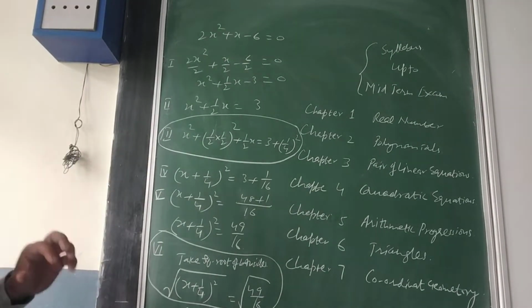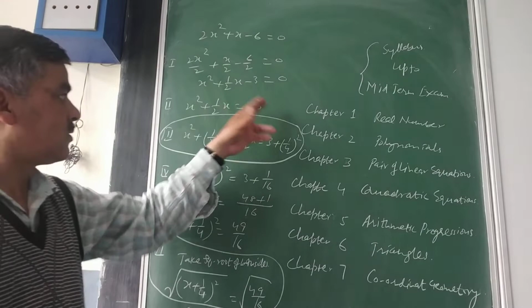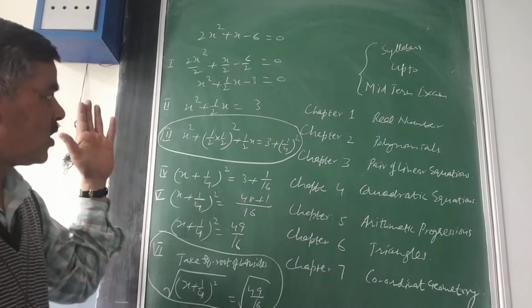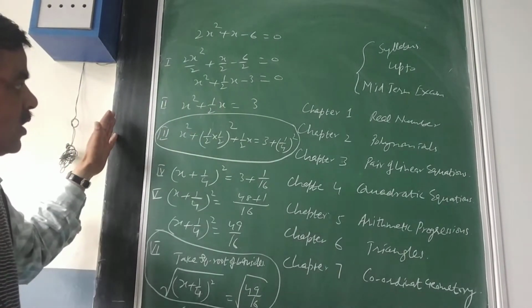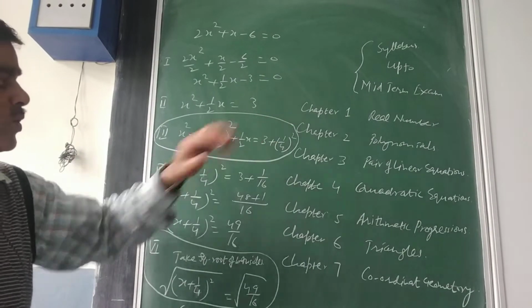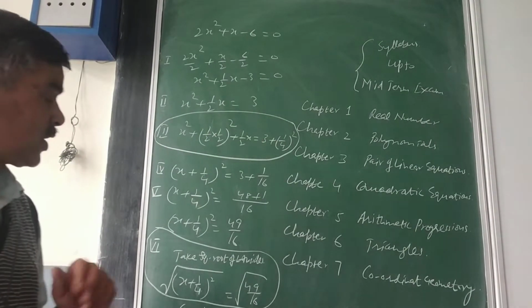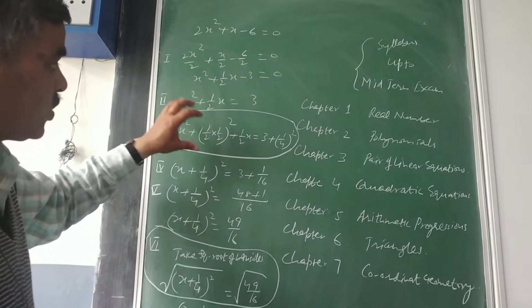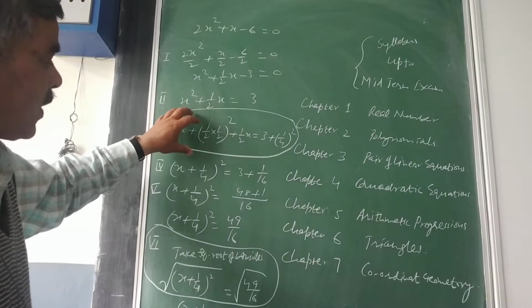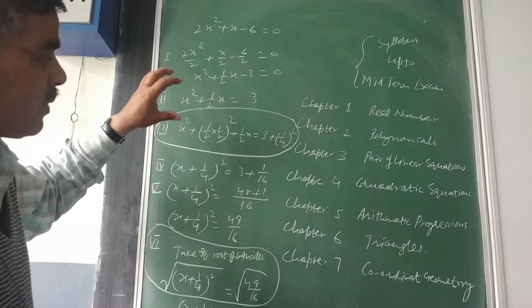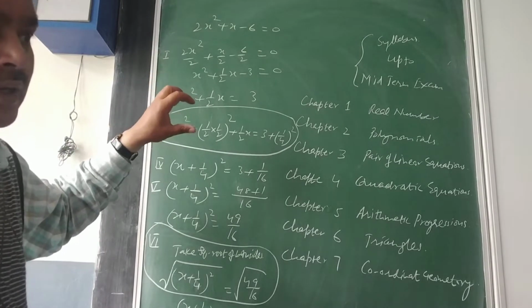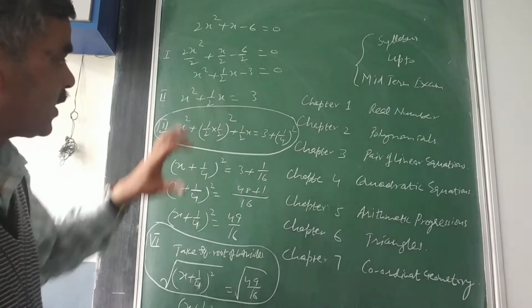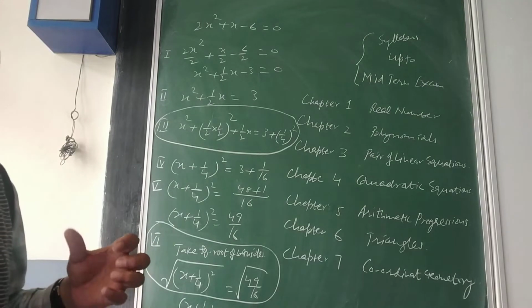In step number 3, why did I do this? Pay attention to this. So that the variables are left on one side and the constants are shifted to the other side. Now, to understand this step, you need to focus. Because we are speaking about the method of completing the square, the trick I am playing here will make the left hand side a perfect square.